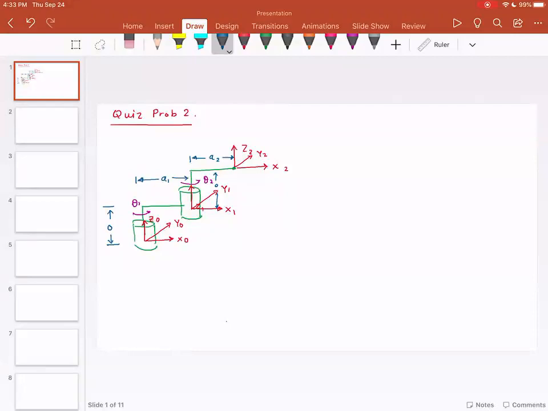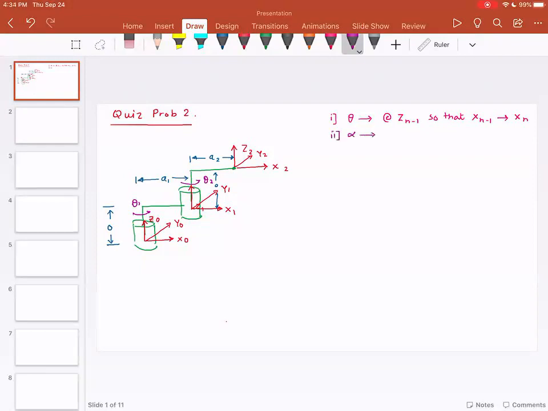For DH parameters, there are 4 rules, and I'm going to give you a shorthand description of the DH parameter rules. So rule number 1, theta is the rotation about Zn minus 1 so that Xn minus 1 is aligned with Xn.